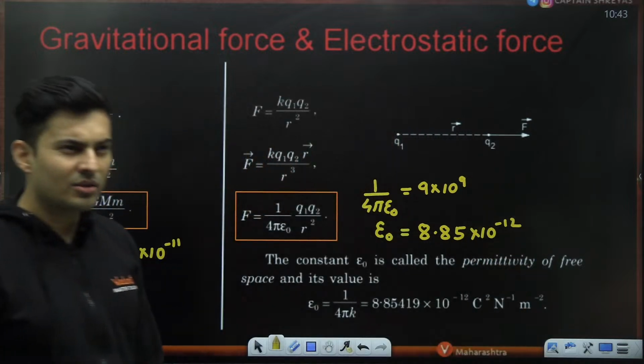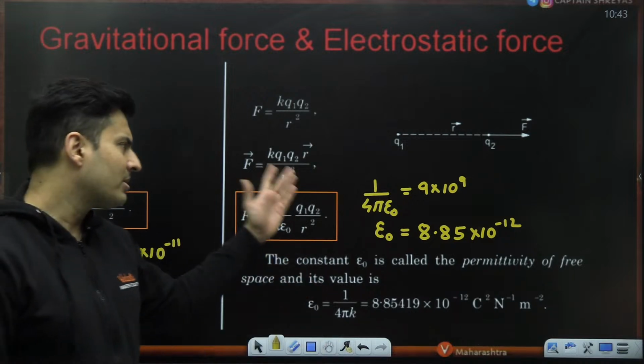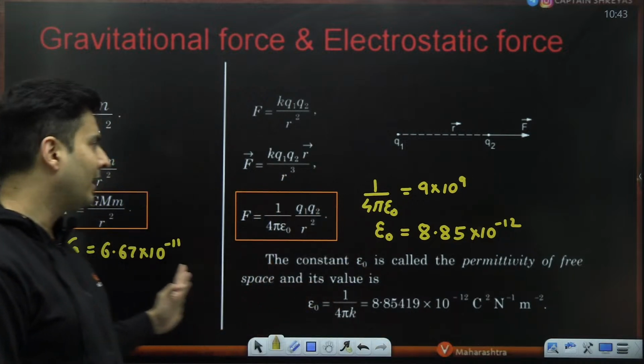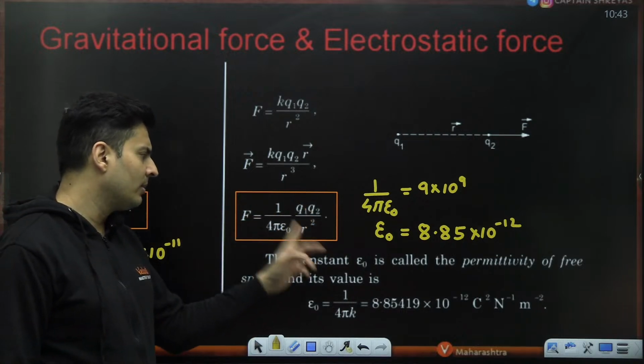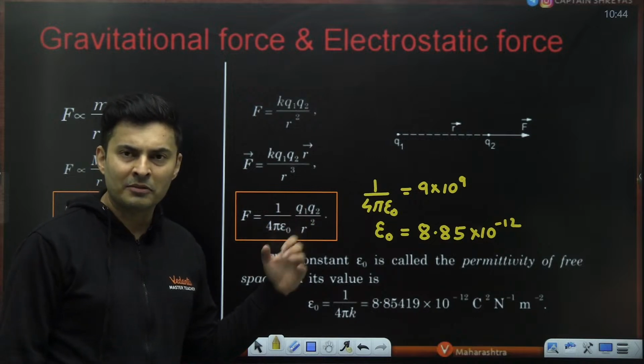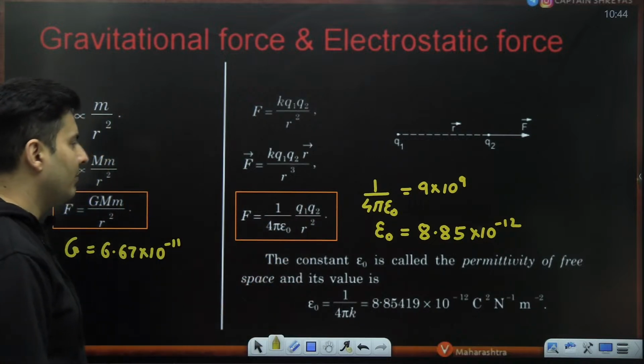Sometimes they can give you questions for finding the units, etc., of epsilon naught or 1 by epsilon naught and stuff like that, which you can easily do because you know this is Newton, this is Coulomb, this is meter. So easily you can find out the units or their dimensions.